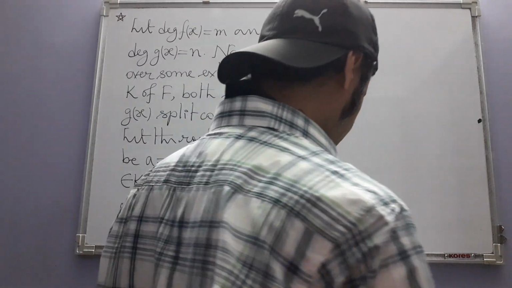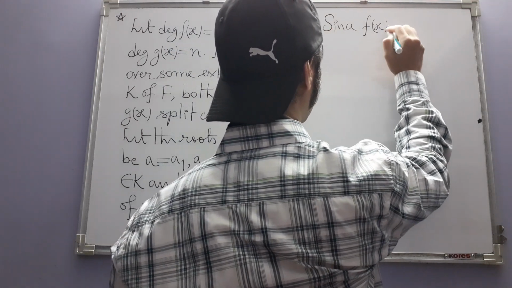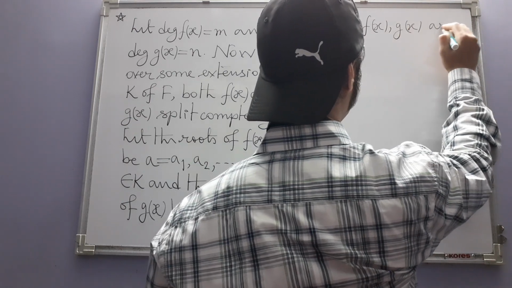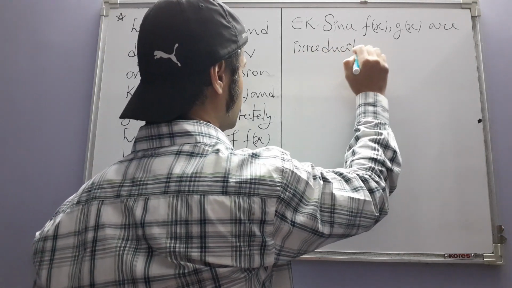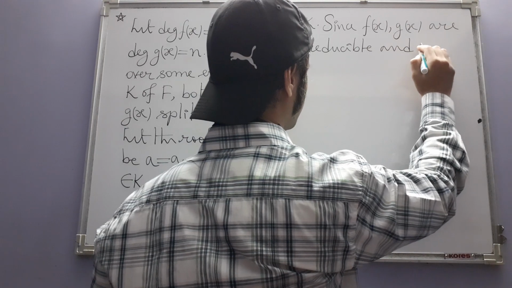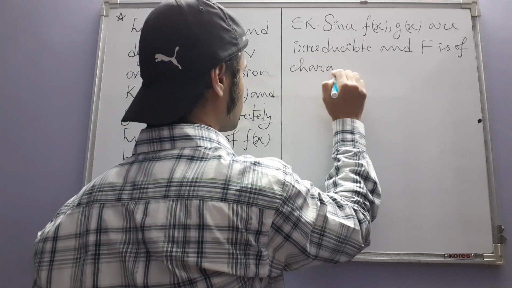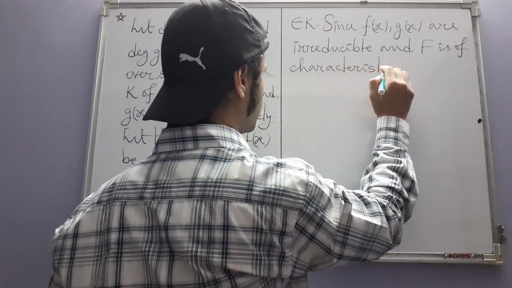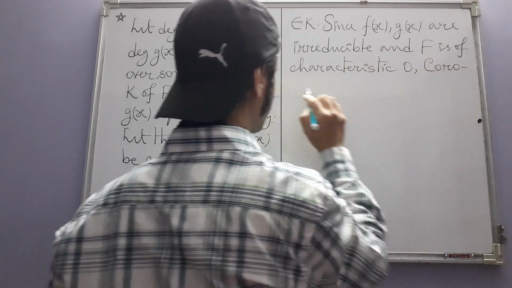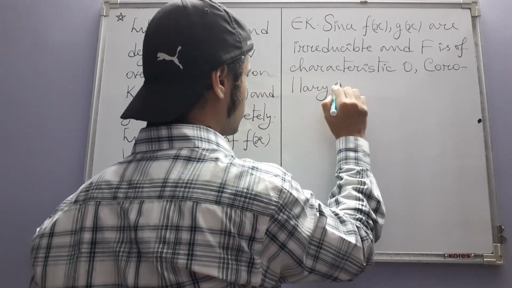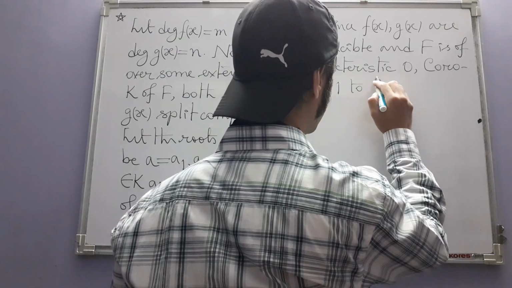In fact, we can refer to that, since f(x) and g(x) are irreducible and f is of characteristic 0, corollary 1 to which result? It was lemma 5.5.2.